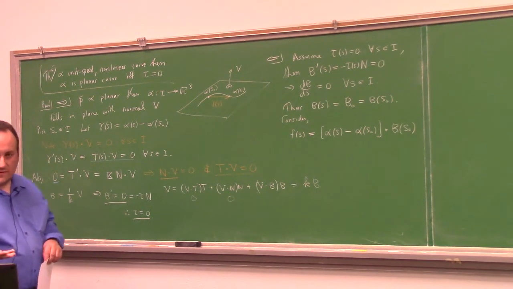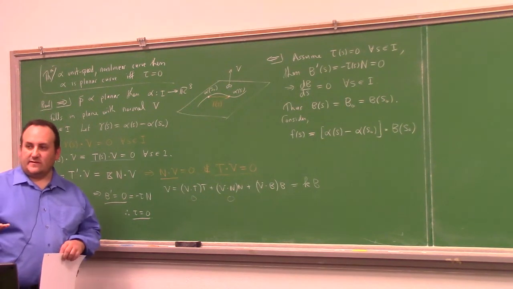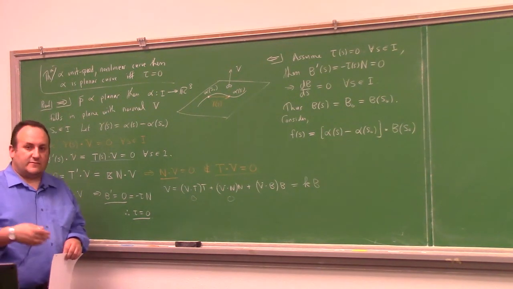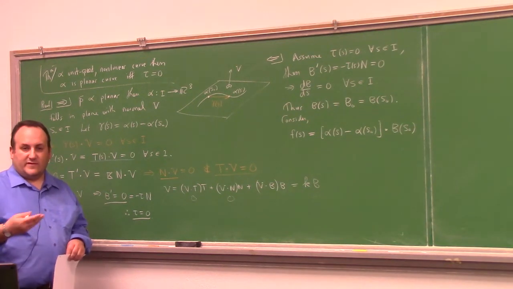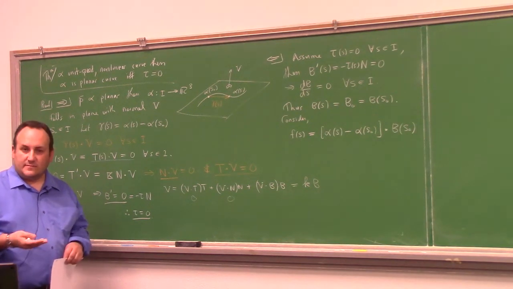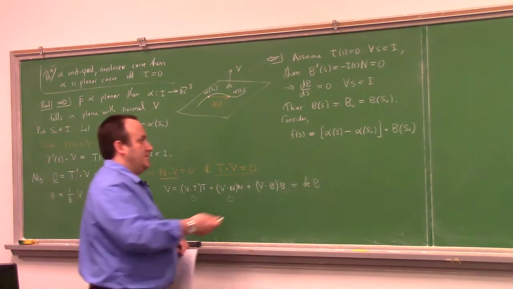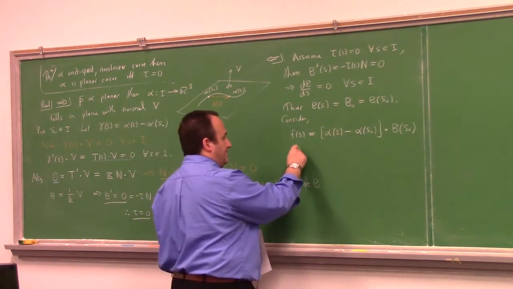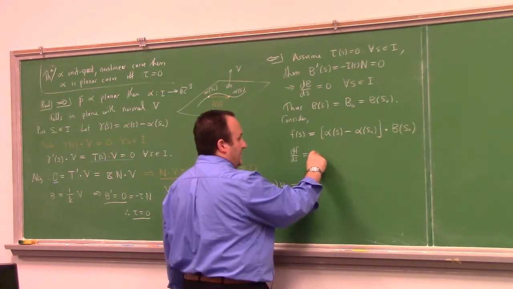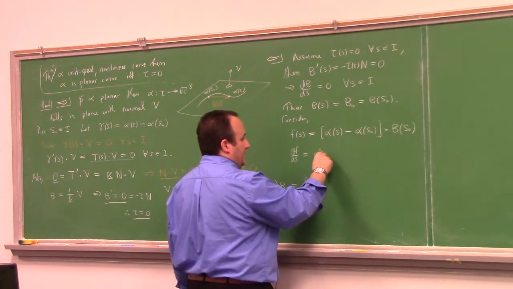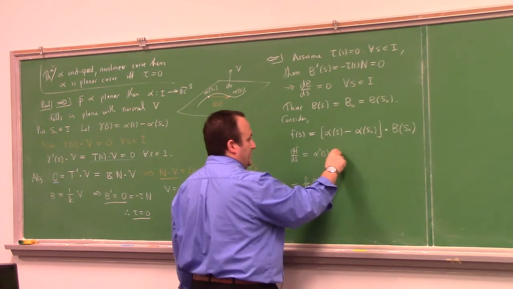And we'd like to show that this function is identically 0, and the way you do that with calculus is to take the derivative and show the derivative is 0. If the derivative is 0, then the function's constant. If that constant's 0, we're done. So df/ds, well, what's that? That is alpha prime of s dot b of s naught.